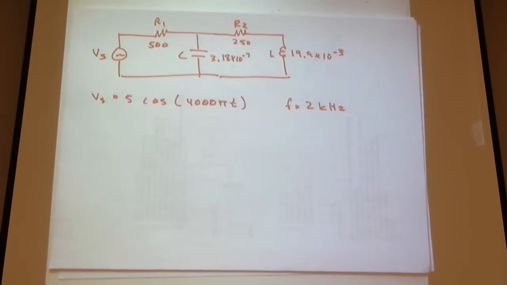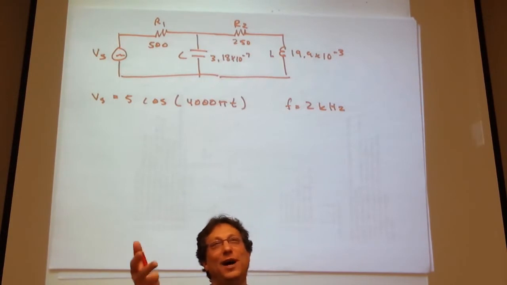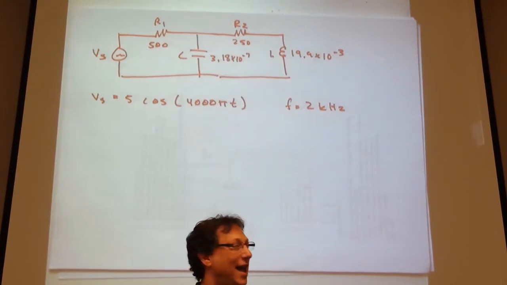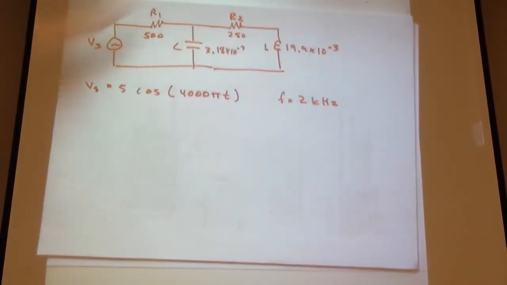What was half of the first test about? What did you have to do on exam one? Many times. KCL, otherwise known as node analysis. And what's the flip side of node analysis? Mesh analysis. So either of those. Those are what I did. Your suggestions weren't bad, I just didn't do them.